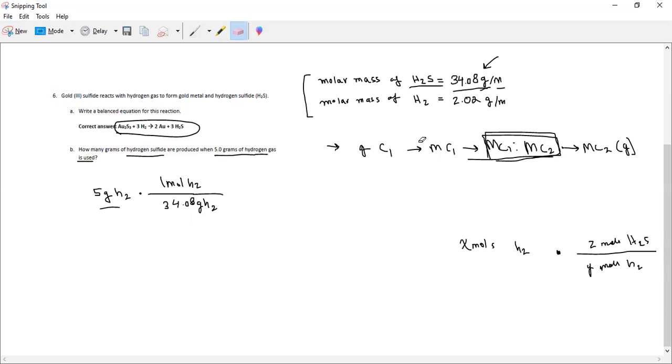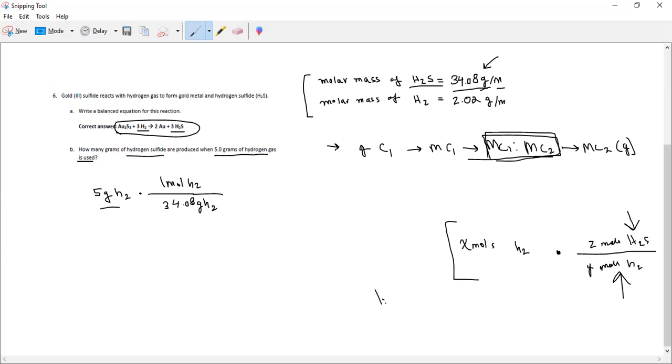And the idea is that you can actually get this conversion factor, comparing moles of H2S to moles of H2, from the chemical equation, because the chemical equation, if it's balanced, can tell you proportionately how many moles of H2 were used to make H2S. And if you look at the chemical equation here, you can see that 3H2 makes 3H2S. So that is your conversion factor.